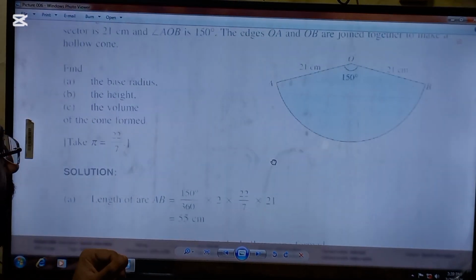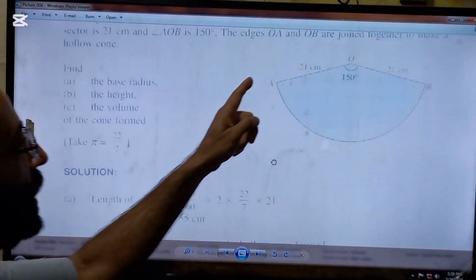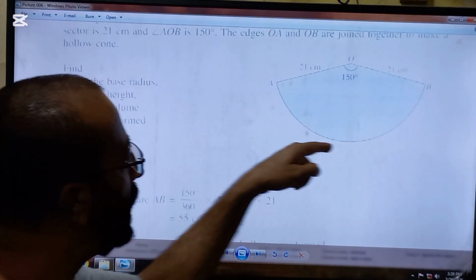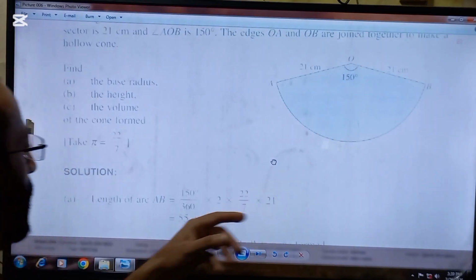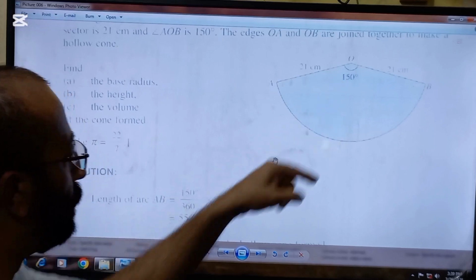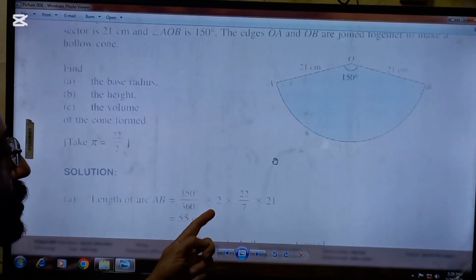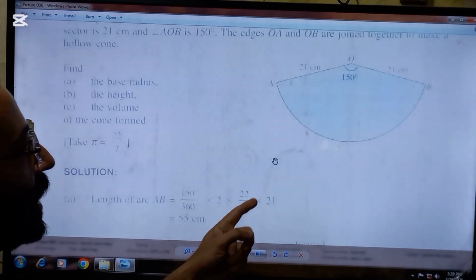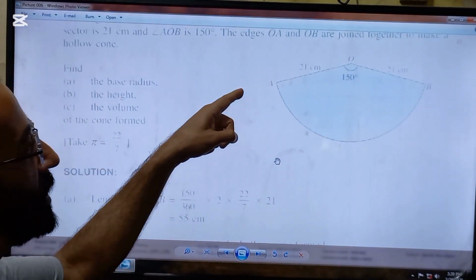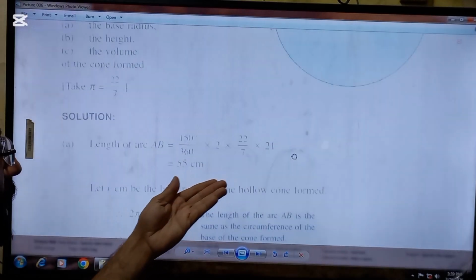First thing which we are going to find is the length of the arc AB. Length of the arc AB formula is theta over 360 into 2 pi r. Here theta is 150 over 360 will remain same into 2 pi, and r value is 21. You will solve these values on the calculator.